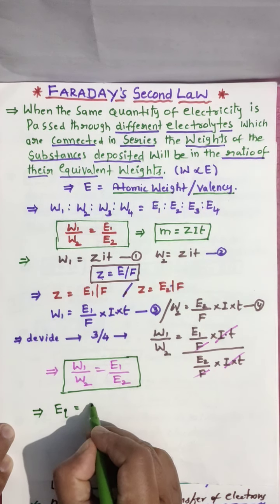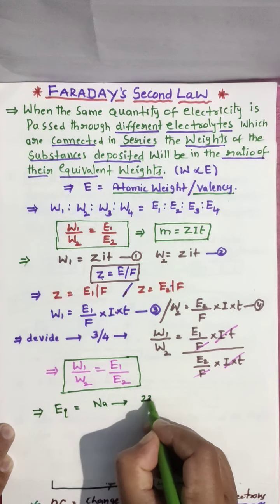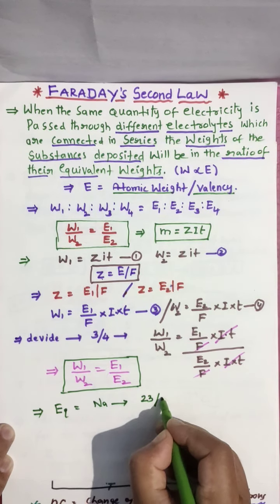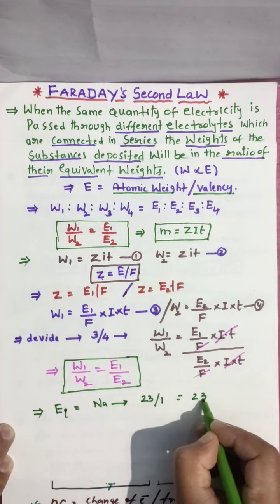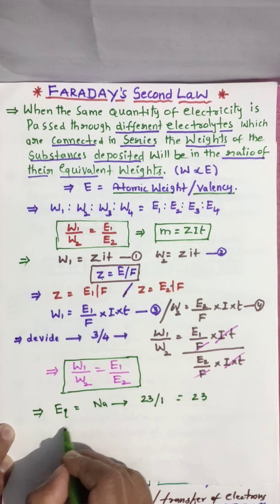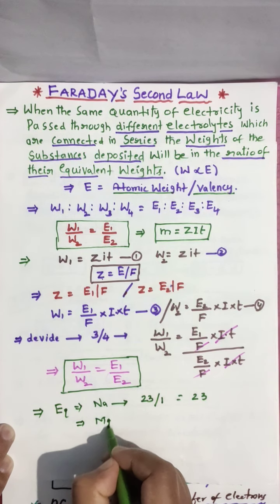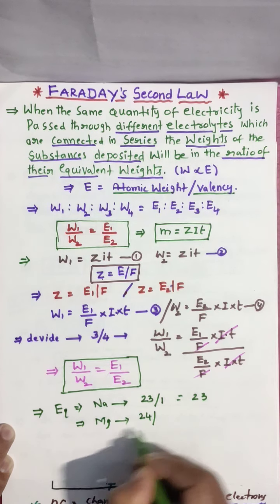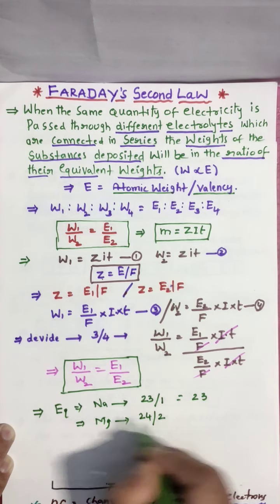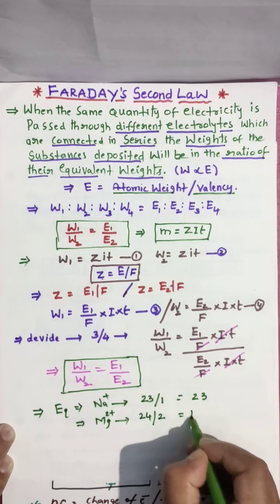So for example, I am calculating for sodium. Sodium atomic weight 23 and the valency is 1. Sodium is Na plus, that's why equivalent weight is 23. And same I am calculating for magnesium. Magnesium atomic weight 24 and magnesium charge is 2. That's why that is equal to 12.